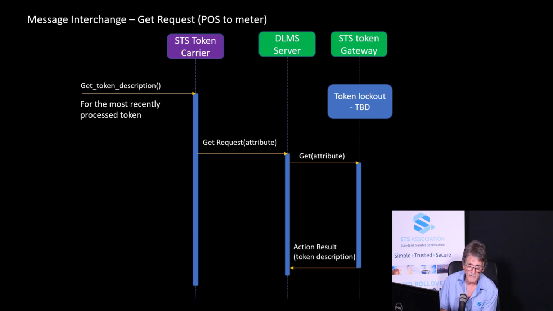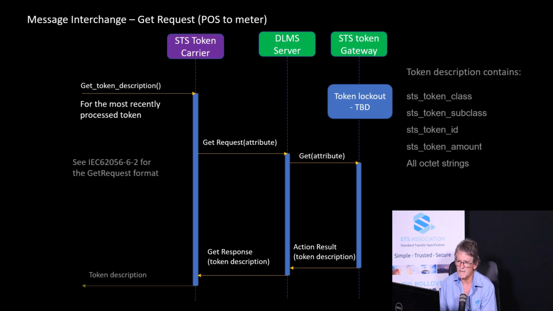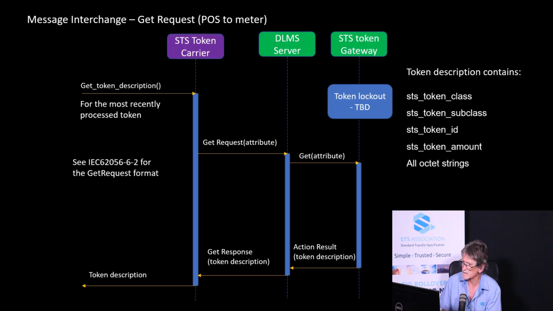An action result is generated by the meter through the token gateway back to the DLMS server. The GET response is then generated and sent back as a token description. The token description itself contains the STS token class, the STS token subclass, the token ID, and the token amount, and they're all in octet strings.